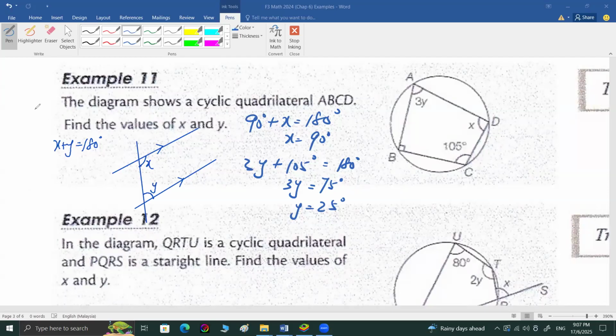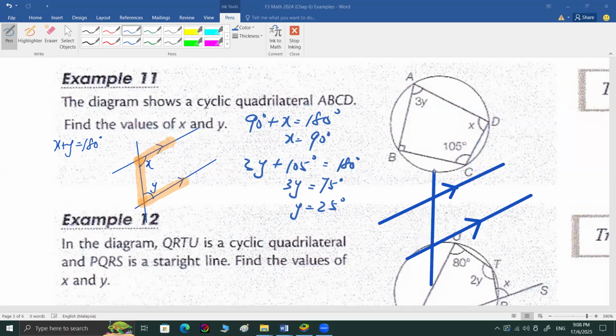So since I had this revision with you all, I go through a few more, yeah? Because sometimes maybe you see this shape, then you know what to do. If any parallel lines with any transversal here, not only C shape can you see, what else can you see?